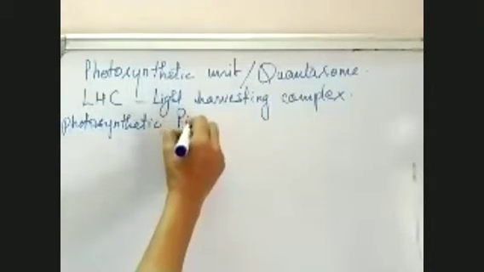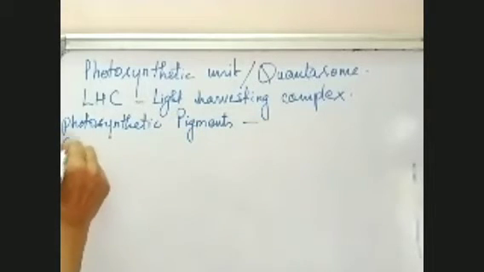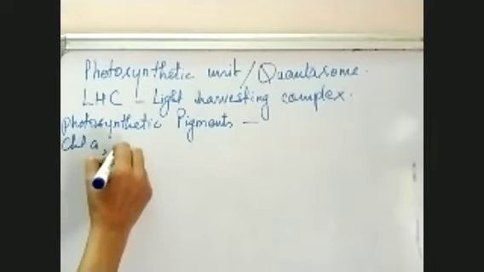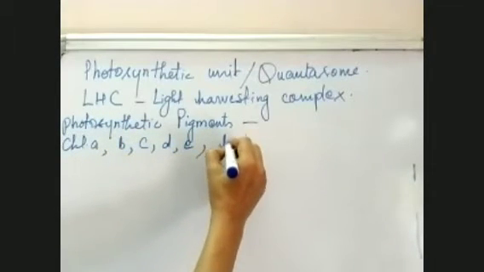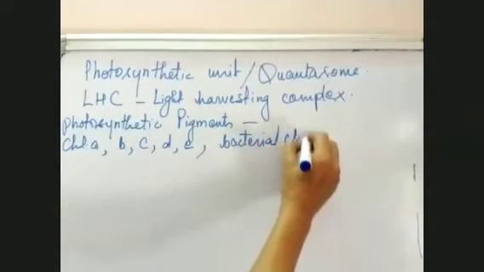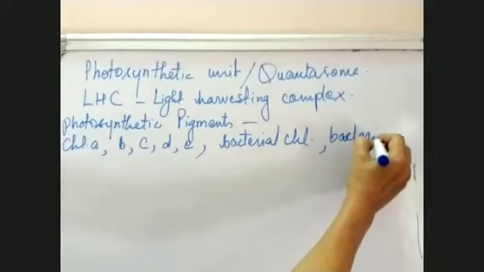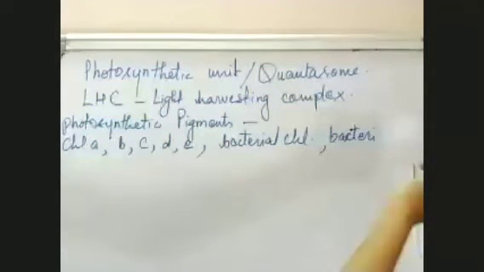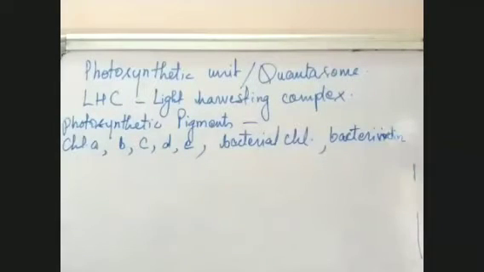And I told you that the photosynthetic pigments are chlorophyll A, B, C, D, E, bacterial chlorophyll, and bacterioviridin. V-I-R-I-D-I-N. This is also a bacterial chlorophyll. Besides this, there are carotenoids.